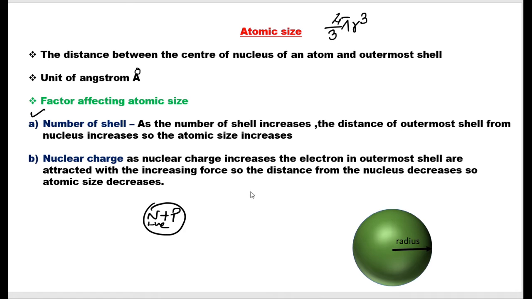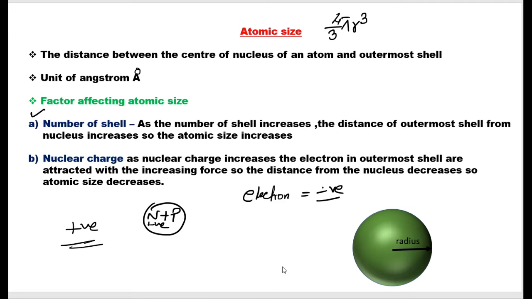And electrons are negatively charged. So, obviously you know opposite charges attract. Greater the positive charge, the more strongly they will attract the negative charges. Now, if I increase the positive charge, it will more strongly pull the electron towards itself.